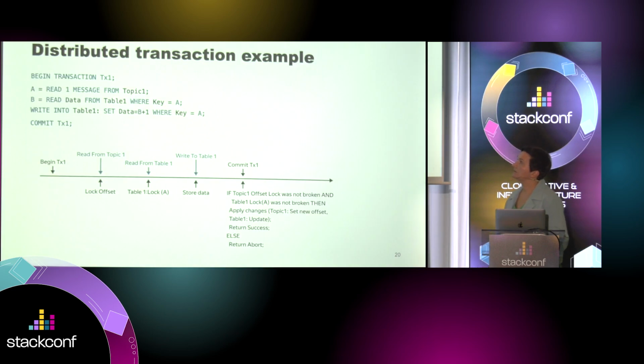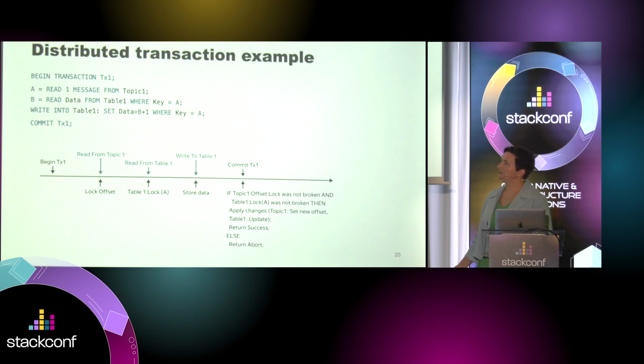So let's return to our example. When the user reads from topic 1 within the transaction, YDB locks the offset of this topic. When the user reads from table 1, YDB makes an optimistic lock on a specific table row in this case, or on some range in other cases. When the user writes to table 1, YDB stores data somewhere in the system.